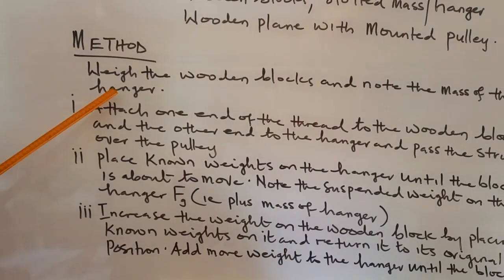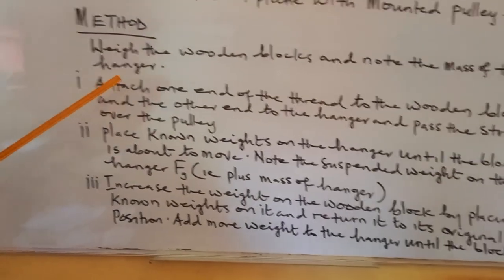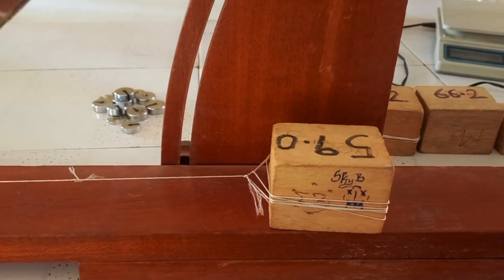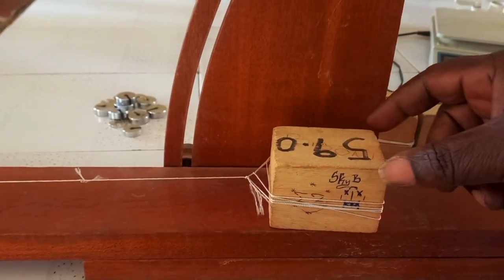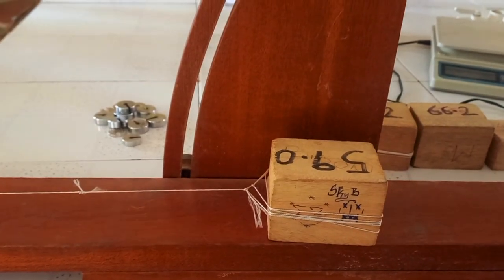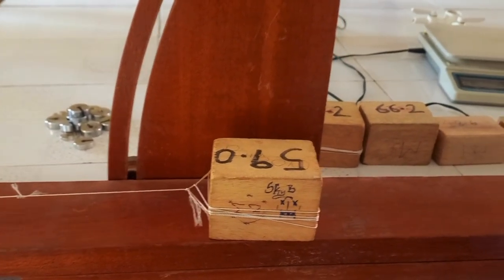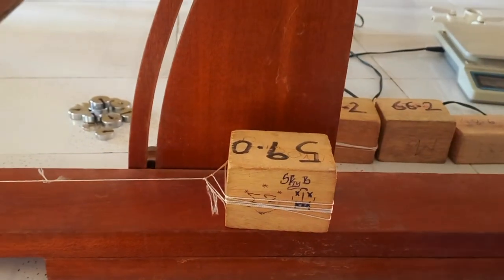I will take you to the lab now, where the children will carry out this practical. Now, the students have measured the masses using a digital balance. All right? Now, if you can see, the mass of this is 59.0.